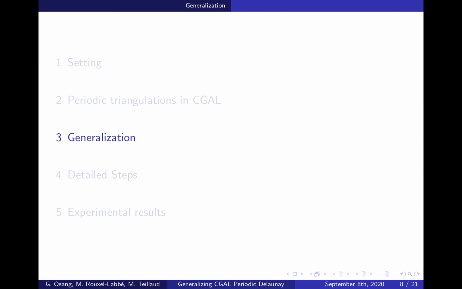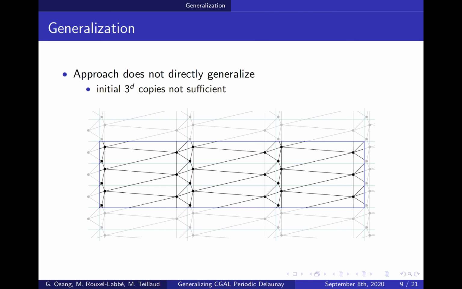Okay, so how does this generalize, or how does this not generalize? One thing that does not generalize is starting off with 9 or 27 copies initially. Imagine that instead of a square domain, which is copied in all directions, we have a more rectangular domain.